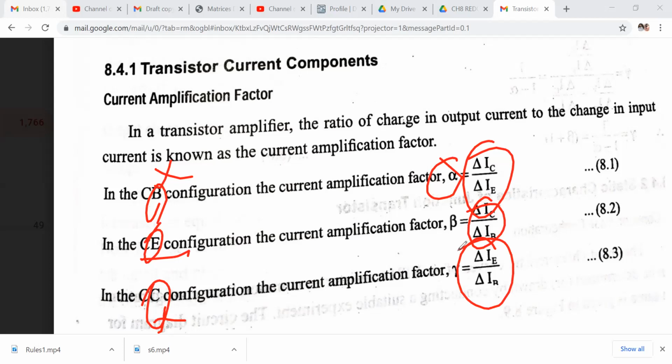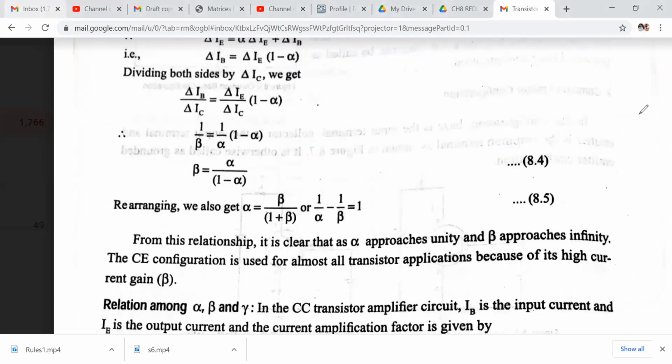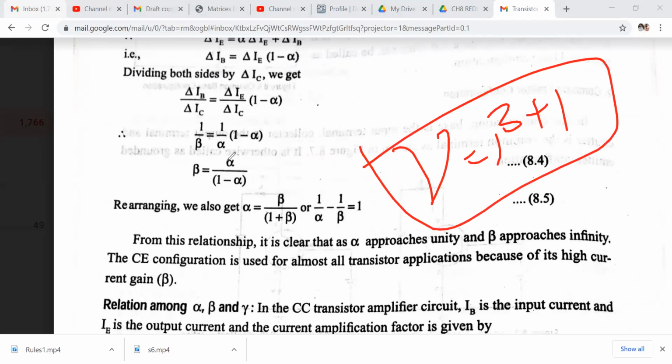Did I teach you about the alpha and beta relationship? Yes, sir. Alpha is equal to beta divided by 1 plus beta. And suppose gamma is there, you just put gamma is equal to beta plus 1. Remove this alpha, it will become gamma.